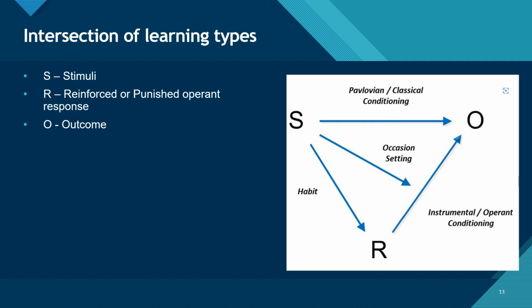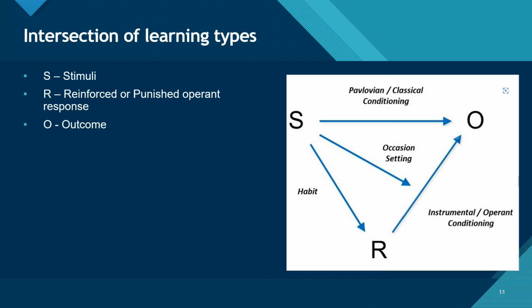So here's a good illustration going over these behaviors, but a stimuli can act with classical conditioning and have an outcome. Ring a bell while the dog is eating. Ringing a bell will stimulate that.